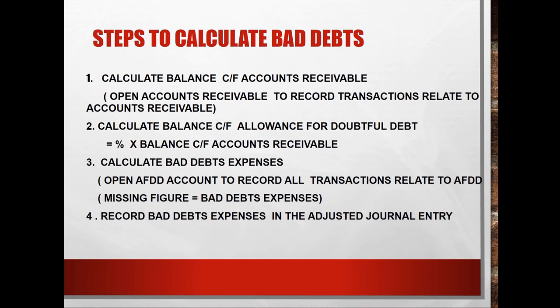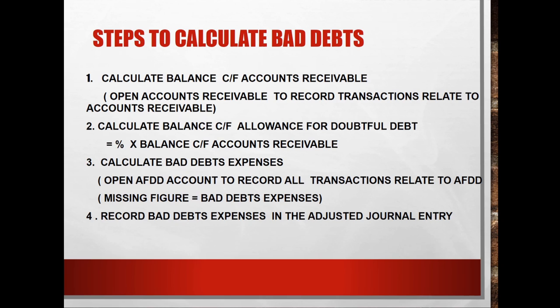There are a few steps to calculate bad debts under percentage of receivables. Number one, you have to calculate the balance carried forward of accounts receivable. To calculate it, we must open an accounts receivable account to record all the transactions that relate to accounts receivable.